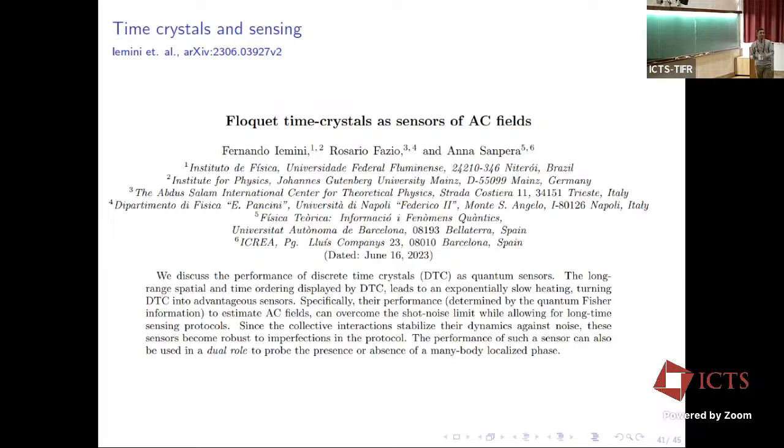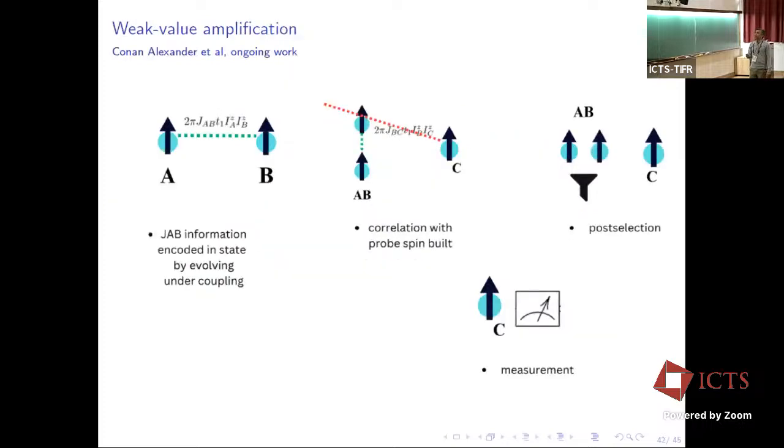This is another example of how one can employ space resource plus time resource for enhancement of measurement. The last thing I wanted to mention is an ongoing work. I'll quickly mention in a minute that we can employ weak value amplification in quantum sensing.